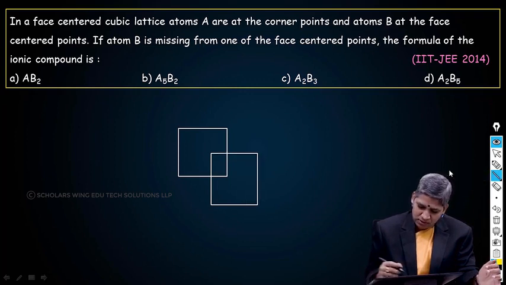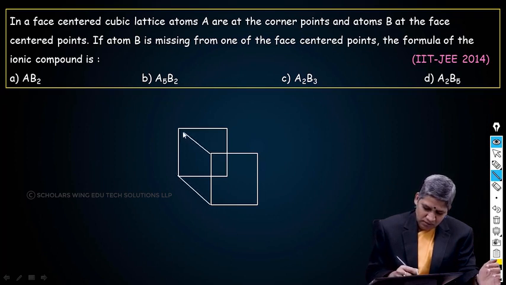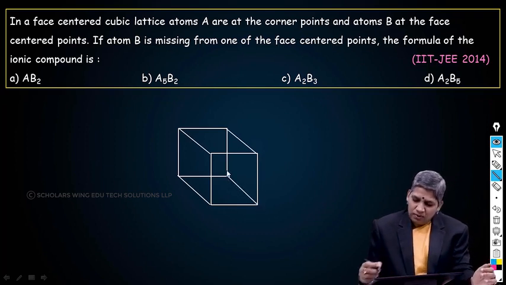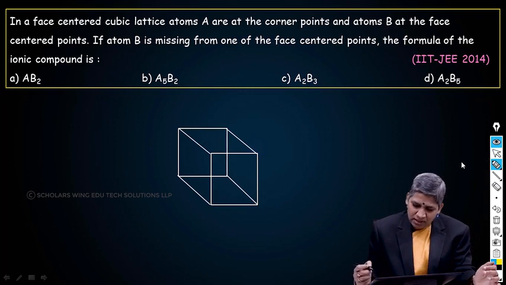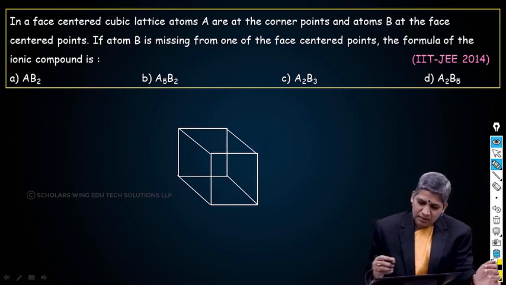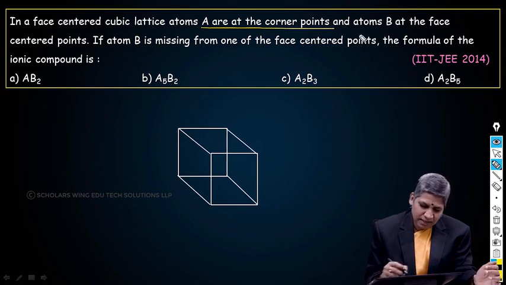Just now I showed what is a face-centered fellow. Atoms at the corners as well as at the face centers, right? Good. Now, which atoms are present at the corners, my dear? A, right? A at the corner points and B at the face centers.